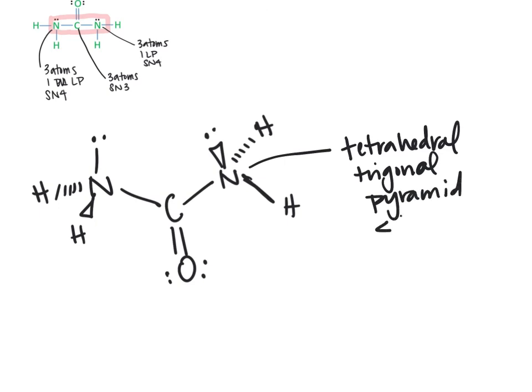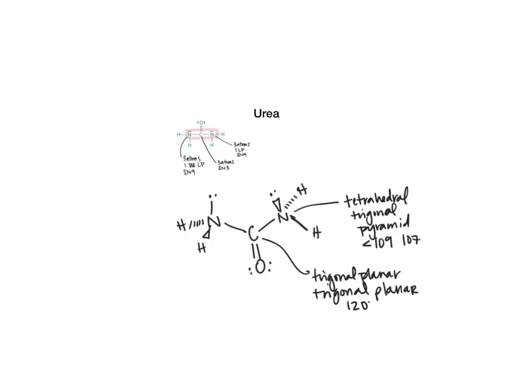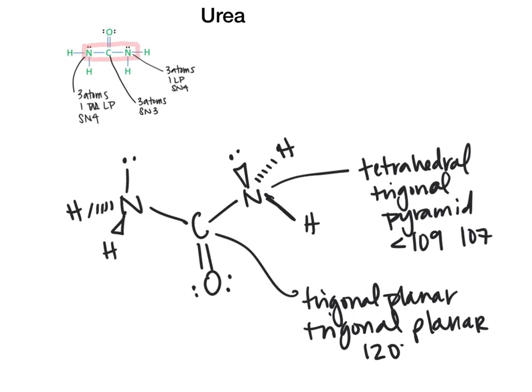The bond angle is less than 109, otherwise known as 107. This here is trigonal planar, trigonal planar, and it is 120 degrees. So again, no matter the Lewis dot structure that you're provided with, if we take our time, we can draw each one at a time.